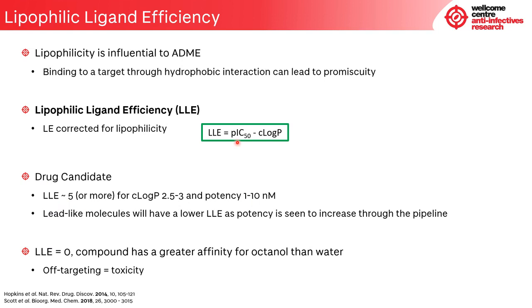What happens if you have something that's incredibly lipophilic, you still see potency? What happens to this LLE value? If LLE is 0, it says that your compound has a greater affinity for octanol than water, i.e. it is incredibly lipophilic, leading to these toxic effects later on. The potency is being driven through these non-specific interactions.